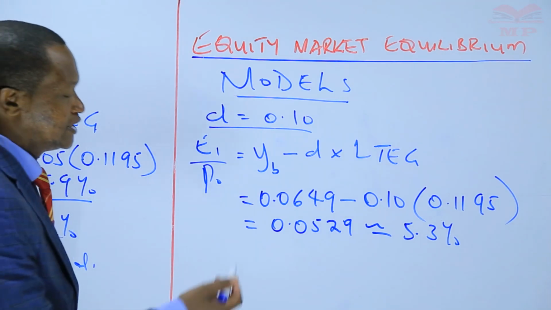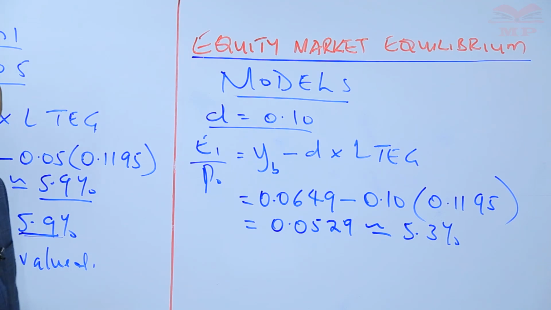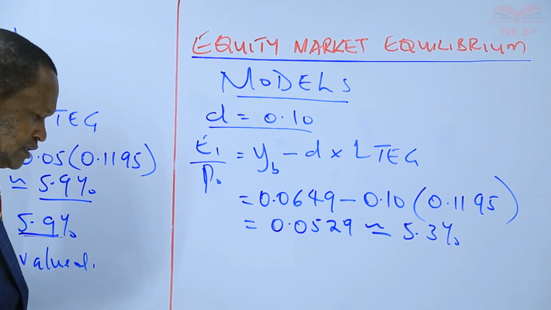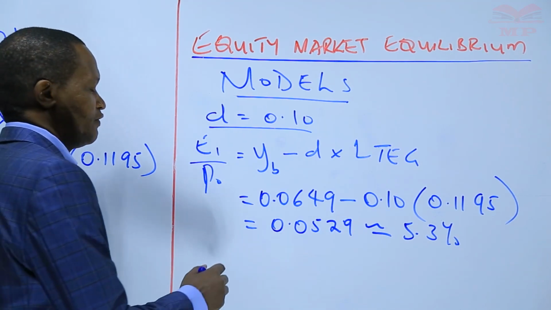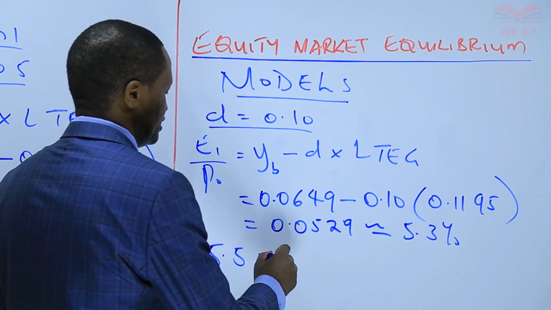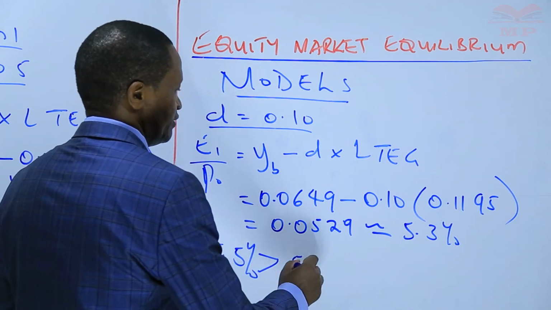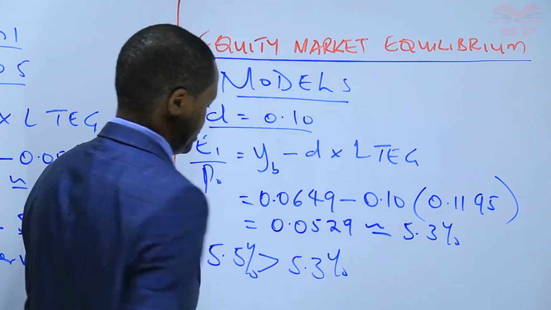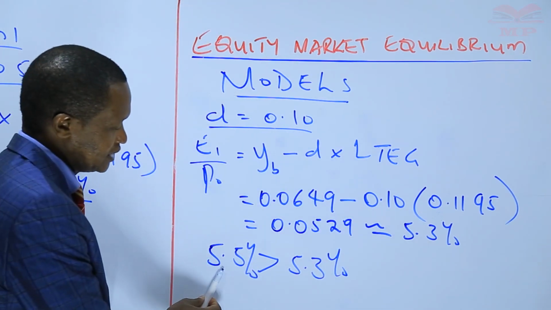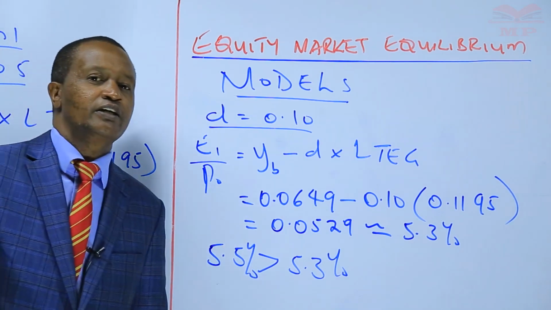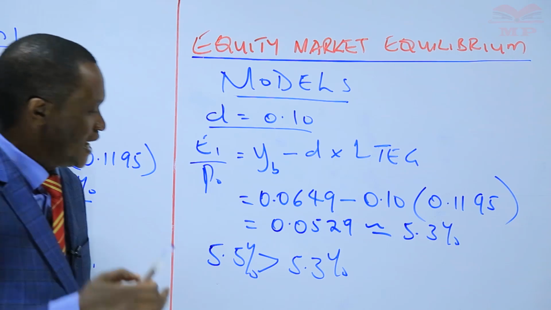The question is, are these equities overvalued or undervalued? We know that the S&P 500 earnings yield is 5.5%. So 5.5% is greater than the Yardeni's earnings yield of 5.3%. Therefore, the equities are undervalued.